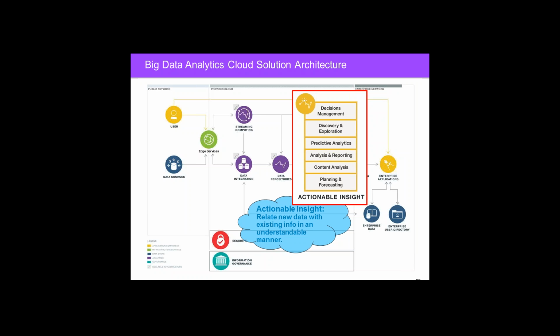Moving on to Actionable Insight, these are, again, optional, yet very necessary, very important applications, typically SaaS type of applications that the cloud providers may provide. The idea here is that while organizations may have a number of these capabilities on-prem themselves, in a lot of cases, rather than building these from scratch, most of these tend to be COTS applications anyway.